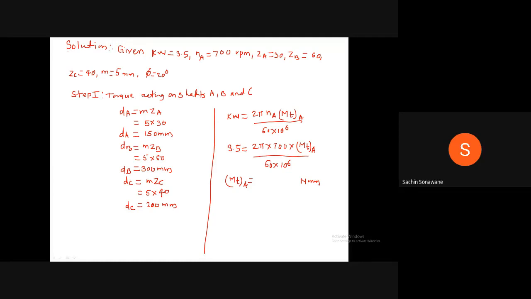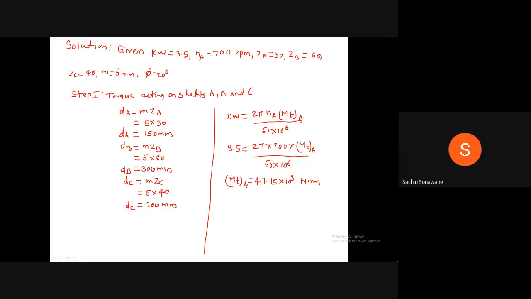Correct. Therefore, this is the torque on gear A, 47.75 into 10 raised to 3.